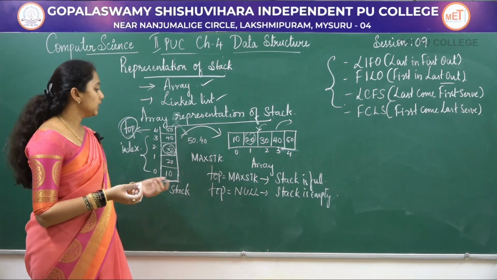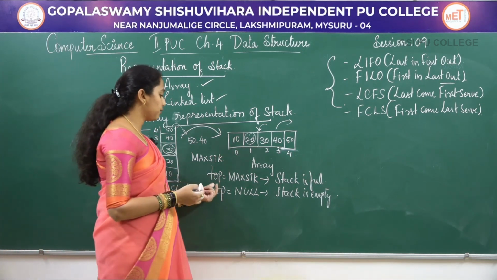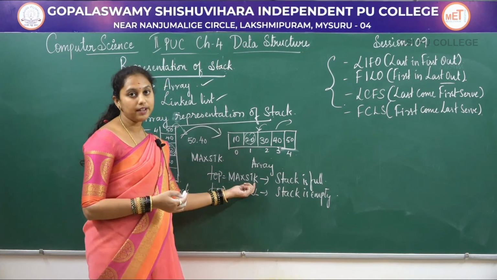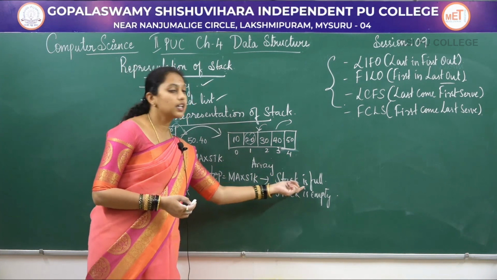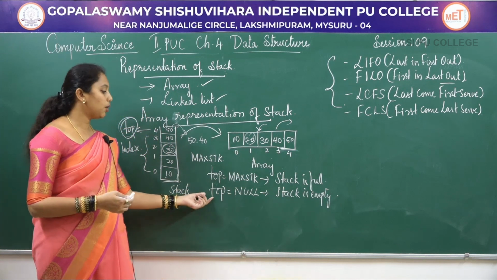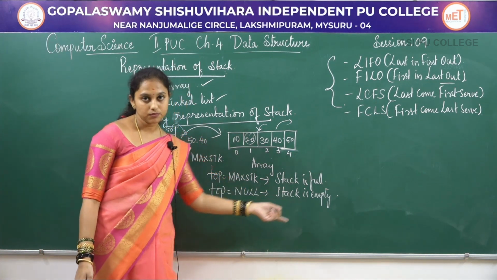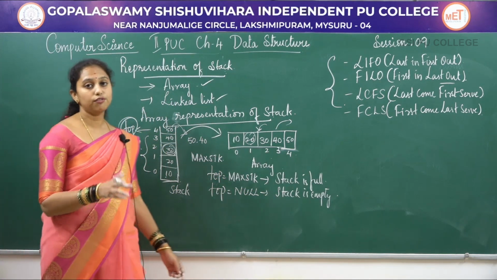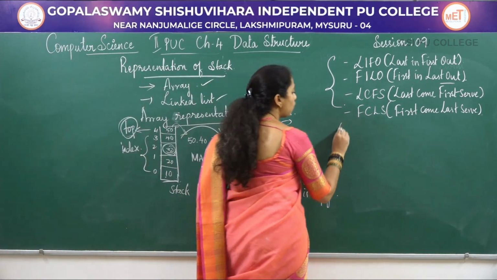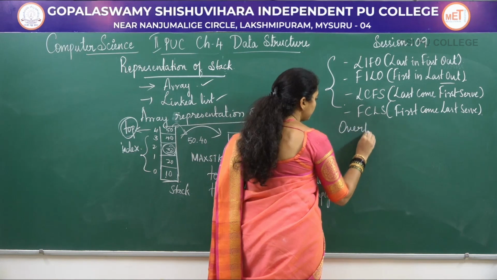If top is equal to maximum stack, then the stack is full. If top is equal to null, then the stack is empty. In a stack there are 2 states, overflow and underflow.